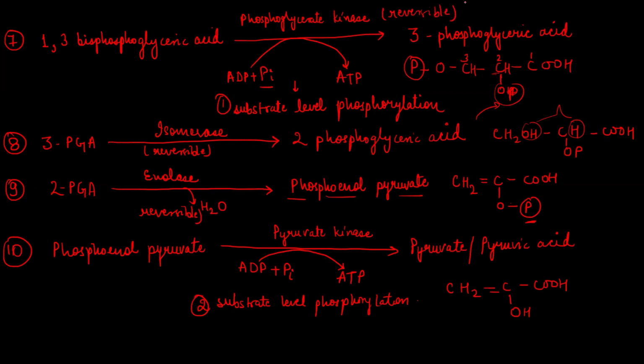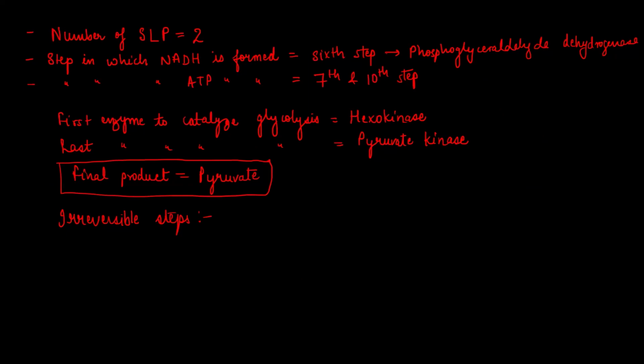So out of the complete glycolysis, the number of irreversible steps is only 3. They are the first step, third step, and 10th step. So these 3 are irreversible steps.